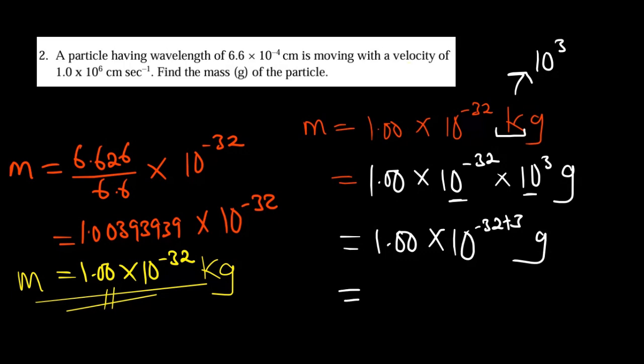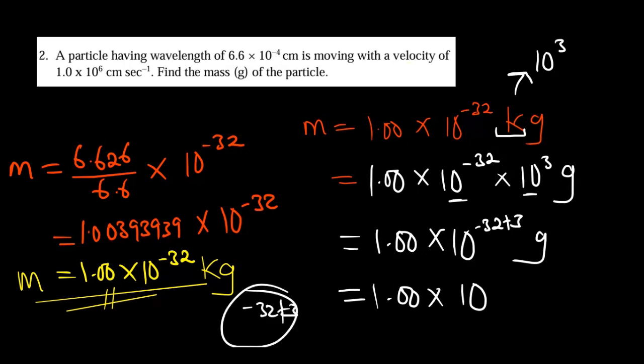So it means I have 1.00 times 10 to the power, what is minus 32 plus 3? That would be minus 29. So that would be minus 29 grams. So it means the mass of that particle in grams is just 1.00 times 10 to the power minus what? 29.